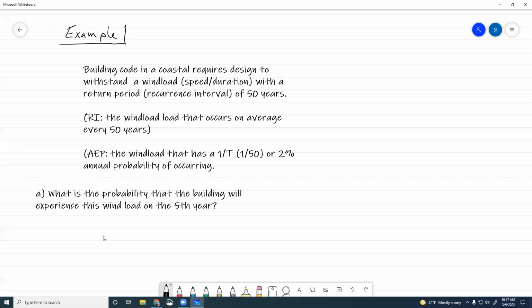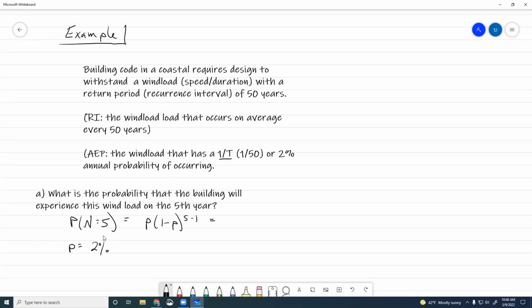Okay, so let's do this one real quick, and then we'll do another one. So this is on the 5th year, and we'll just go ahead and create this equation. That's P times (1 minus P) to the 5 minus 1. What is our P? 2%. Okay, so we'll plug that in.